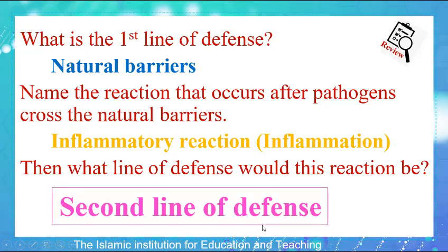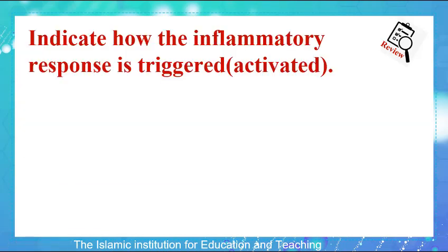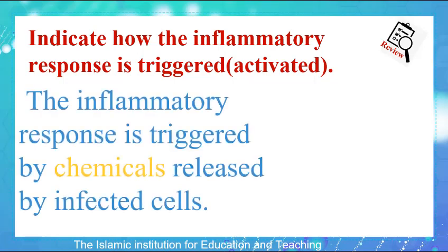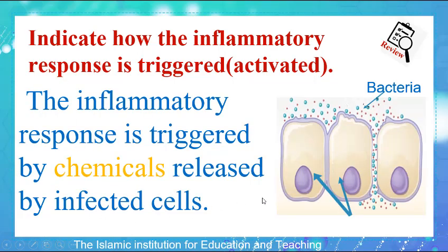Then, let's indicate how inflammatory response is triggered or activated. The inflammatory response is triggered by chemicals released by infected cells as shown in this figure. These are the chemicals that are released by the cells that are infected by bacteria.